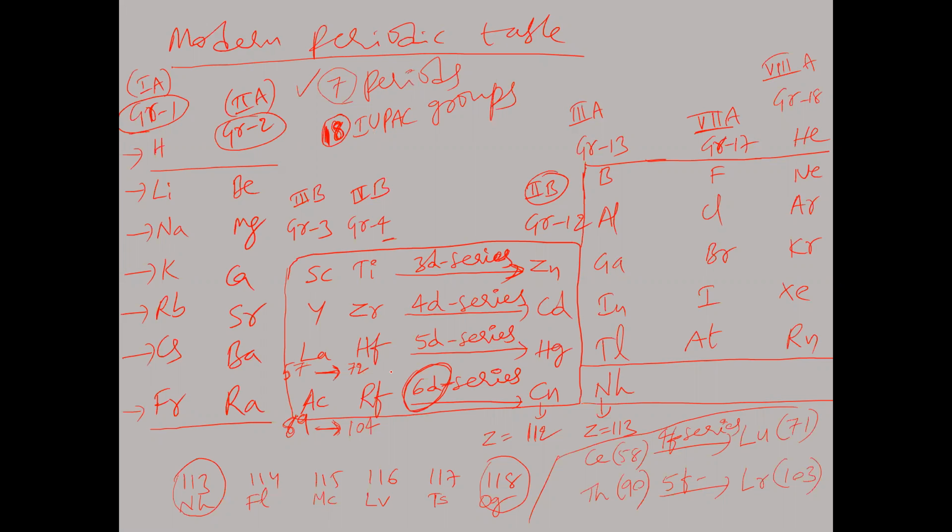The 6D series belongs to the 7th period. 5D belongs to the 6th period. 4D belongs to the 5th period. 3D belongs to the 4th period. And the 4F series belongs to the 6th period. 5F series belongs to the 7th period. 4F belongs to the 6th period, remember.